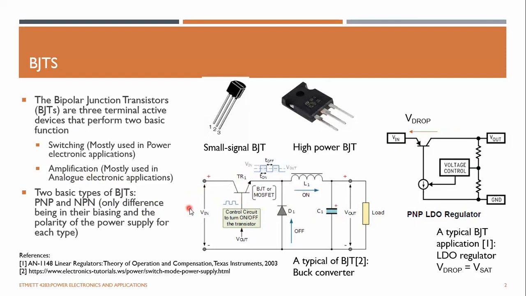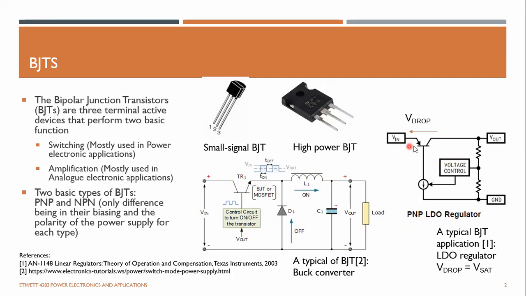If you consider a typical 12 to 5 volt power supply for an Arduino, you can connect a 12 volt battery and take 5 volts output to feed your Arduino or any kind of electronic device. So buck converters are used to step down the voltage. For the switch, this BJT is used here. It acts as a switch, either in the on state or the off state, based on the control signal given to its base emitter junction.